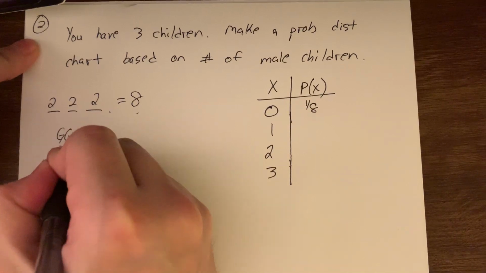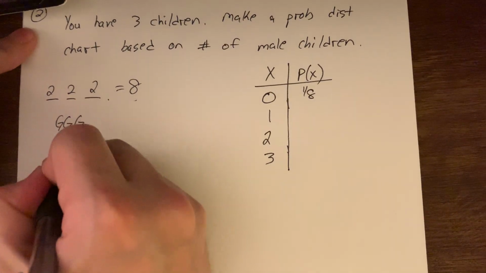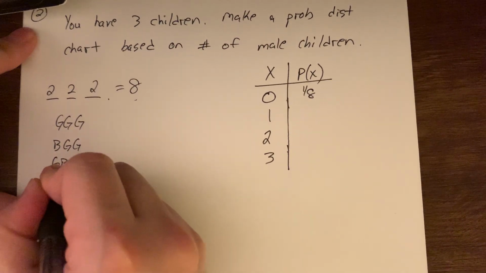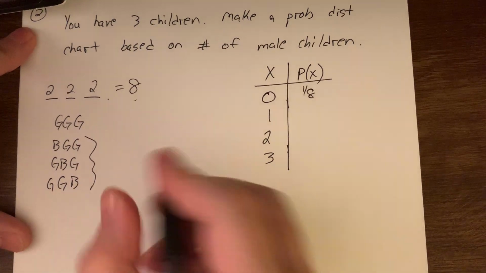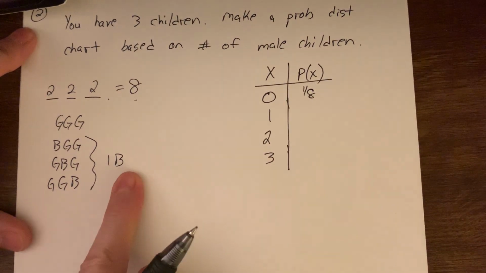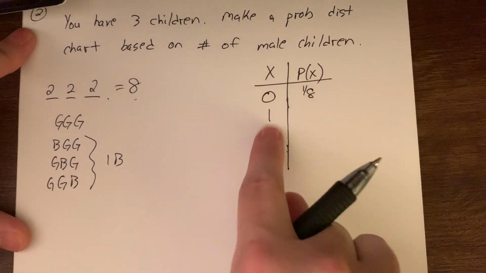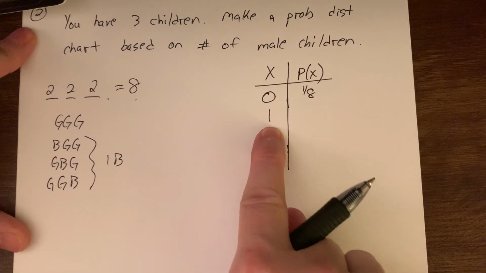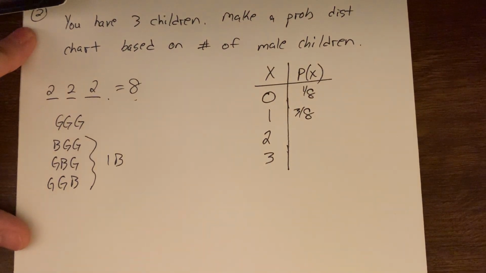Well, maybe the boy is the first child, and then the next 2 are girls. Maybe the boy is the middle child. Maybe the boy is the youngest child. So there's 3 different situations, but each has only 1 boy. So 3 possibilities that satisfy what I'm looking for, 1 male child, out of the 8 total possibilities.